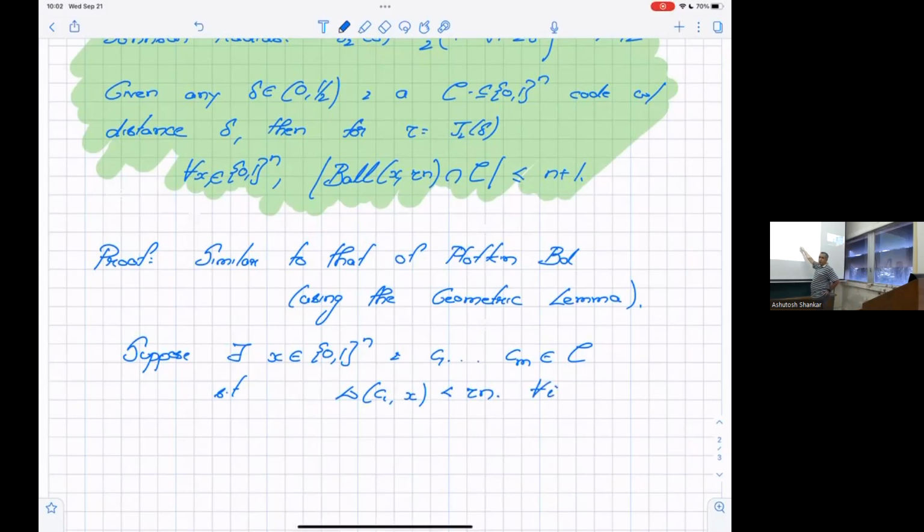And we want to put a bound on m. We want to find the tau for which we can put a bound on m. And the tau which will pop out automatically in the proof is the Johnson radius.